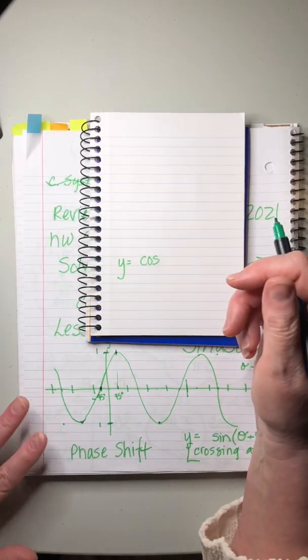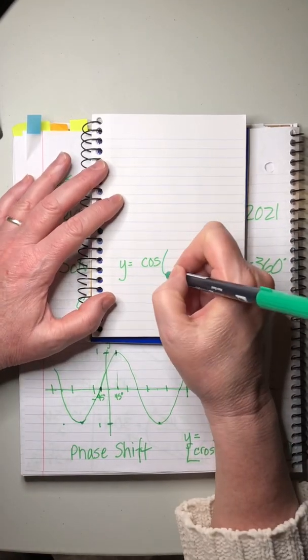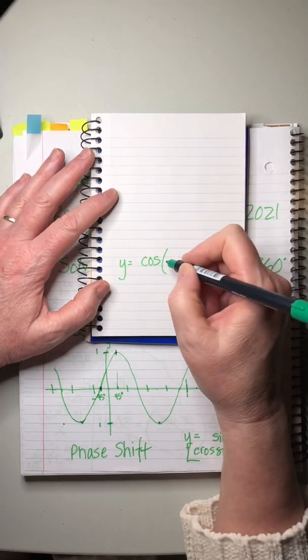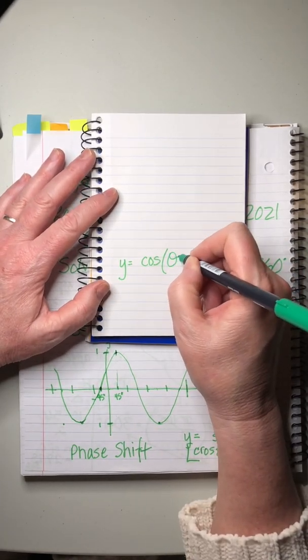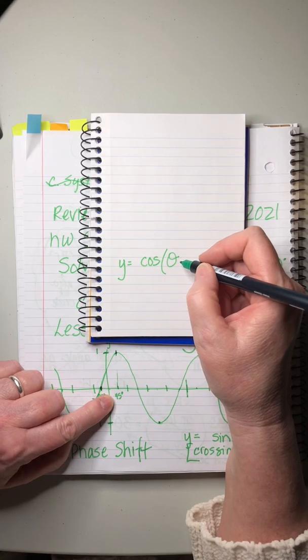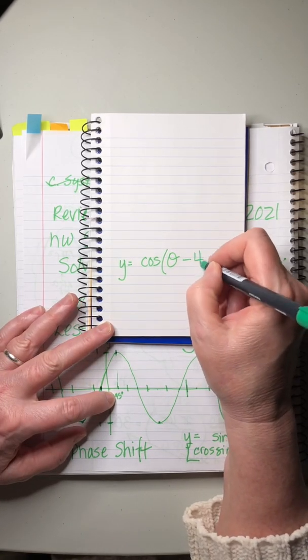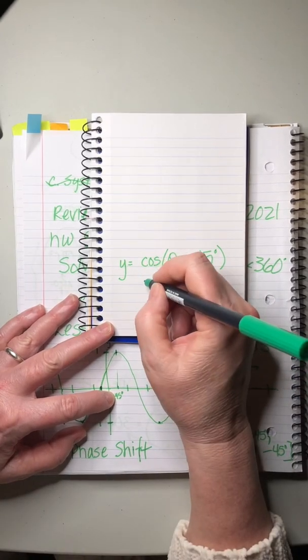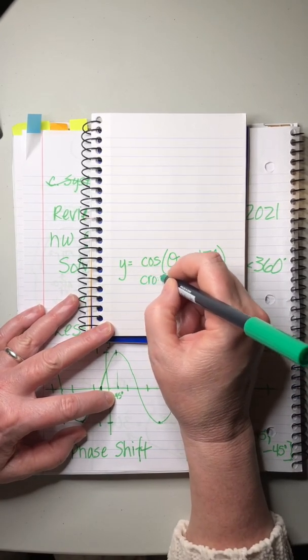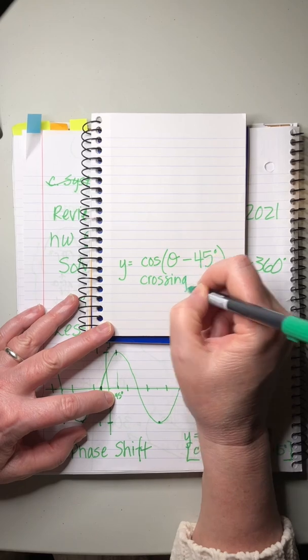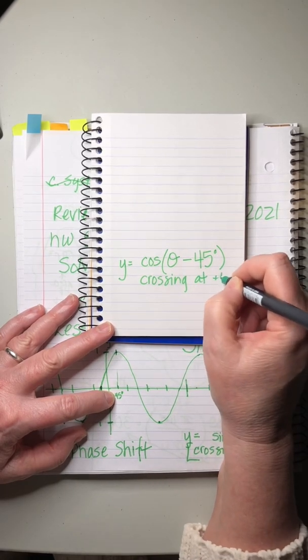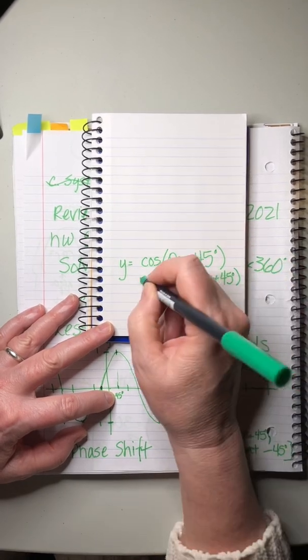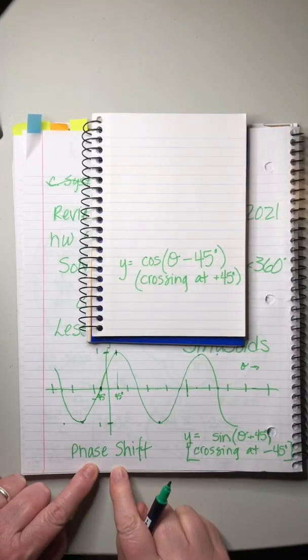They're perfectly normal. We just adjust for the phase shift. It will be theta, and then because this is a positive 45 shift, we write it as minus 45 degrees. And it's crossing at plus 45 degrees. So the sign of a phase shift is opposite.